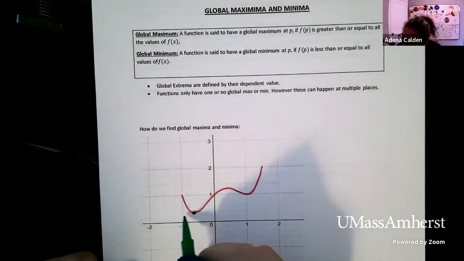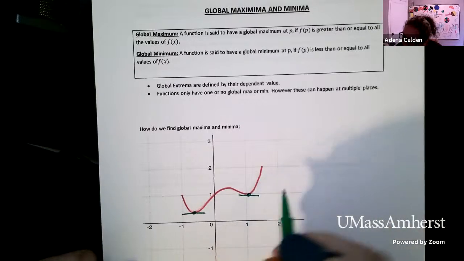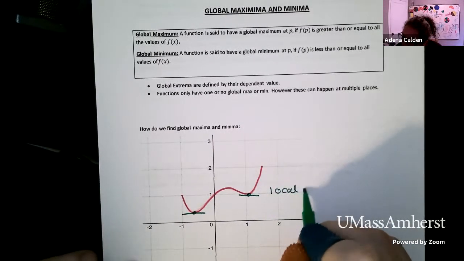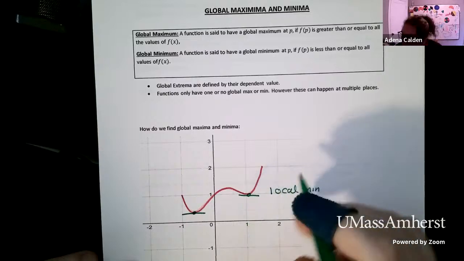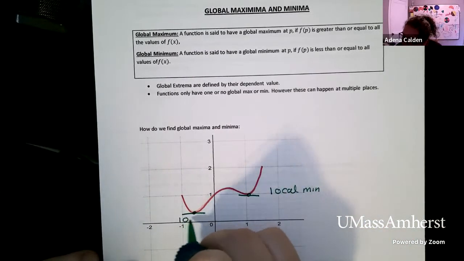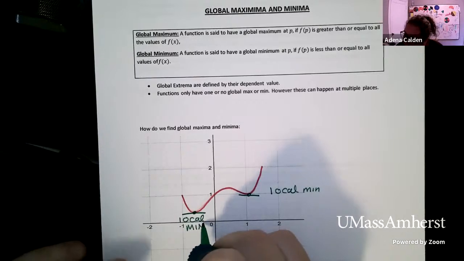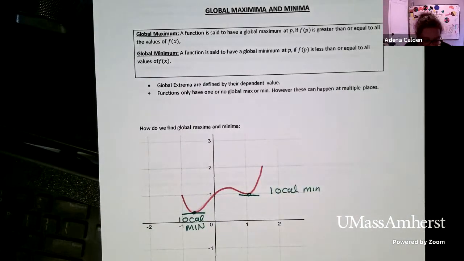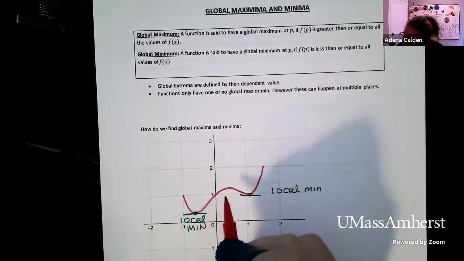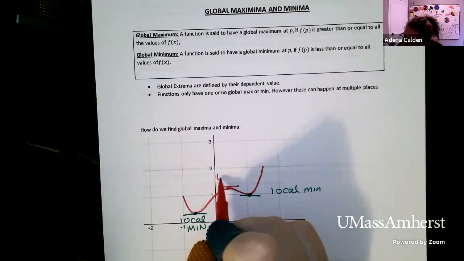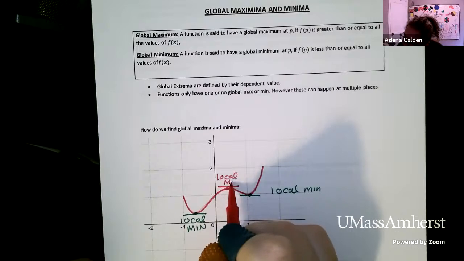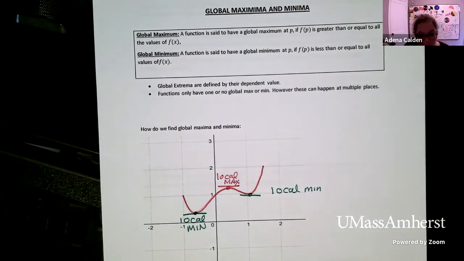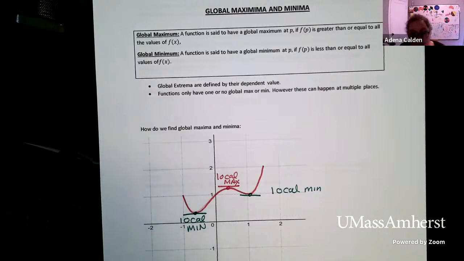As a reminder, we are going to have local minimums whenever we are at the lowest point in a small area, and local maximums whenever we are at the highest point in a small area. We found these points by finding critical points, which is when the first derivative equals 0 or is undefined. That would give us the x value to tell us where to locate these.